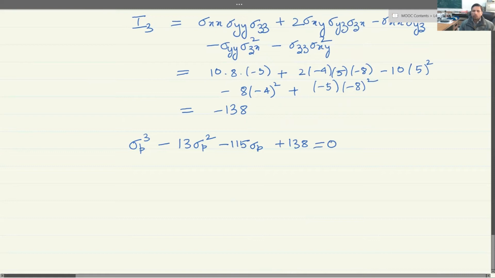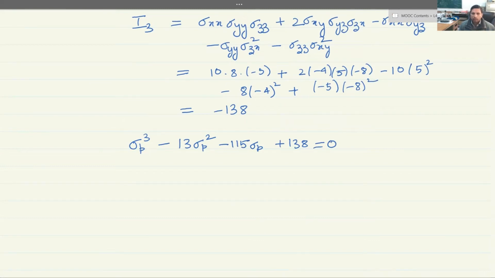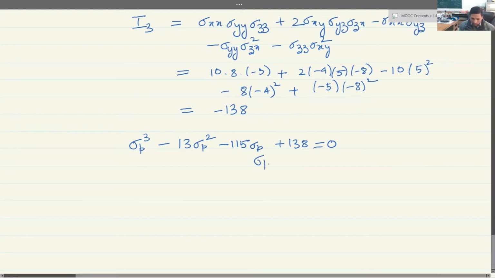So this is I2. And this is a cubic equation which you can solve using any of the solvers, like Mathematica. And what you would get is that sigma p is equal to 1.079. That is one value. Other value is 18.72, and still other value is 6.82.